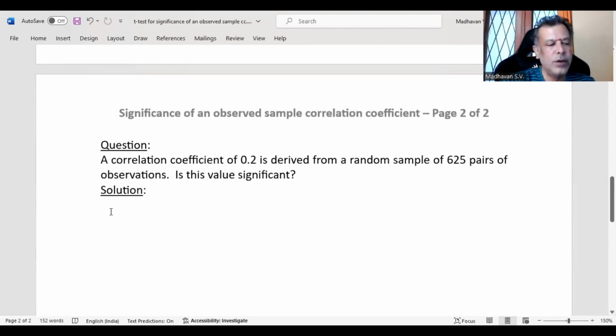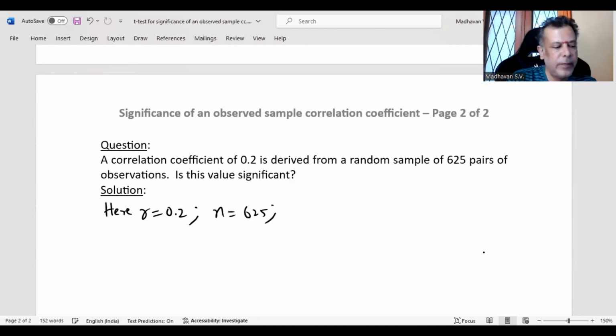Here, a correlation coefficient of 0.2 is derived from a sample of 625 pairs of observations. Is this value significant? So r is 0.2 and the number of pairs of data is 625. Again, the null hypothesis is rho equal to 0 and the alternative hypothesis is rho not equal to 0, which is again a two-tailed test.